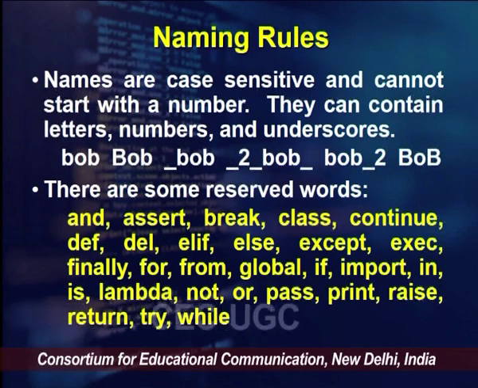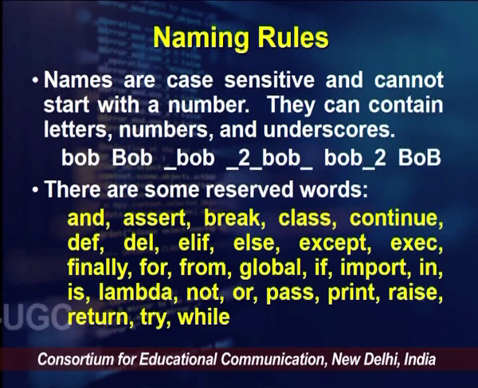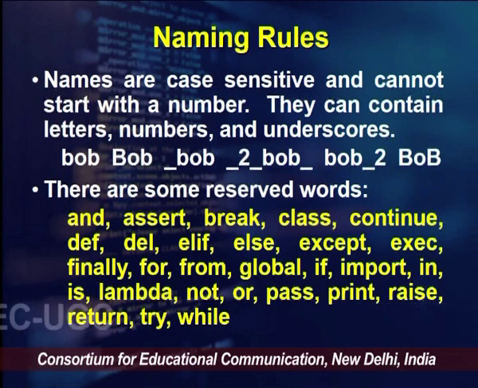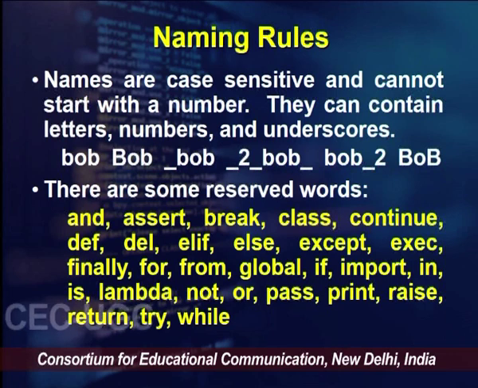You cannot start the variable name with a number; it has to always start with a letter or an underscore. The variable name can have a number, but it cannot begin with a number. And there are some reserved words which cannot be used as variable names, like break, class, continue, global, print, raise.